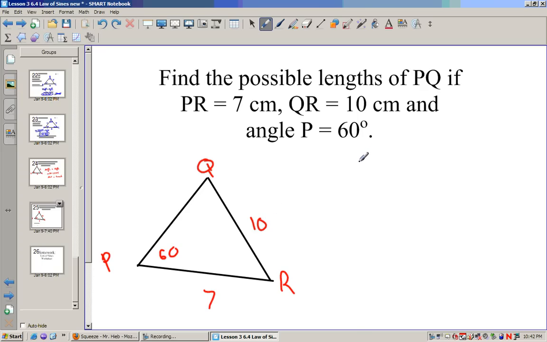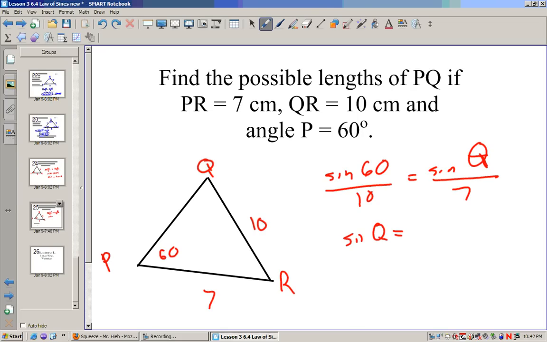So I do the sine of 60 over its opposite side of 10. It's the sine of Q over 7.